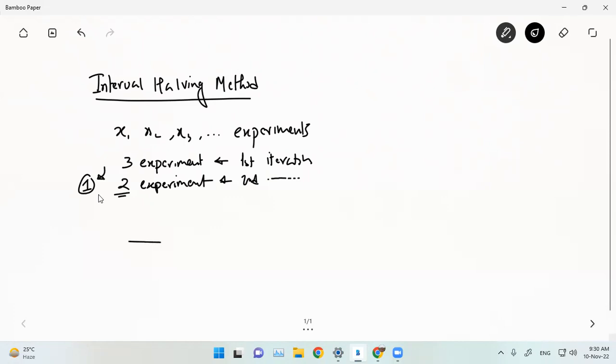The method is simple. First of all, an interval is equally divided into 4 parts, starting from A to B. The middle one we call x0. Then we have x1 and x2. If you have to find the function, 3 cases are possible. Case 1, if we have this scenario.